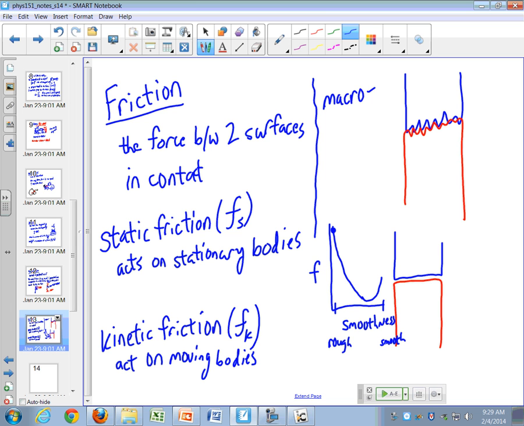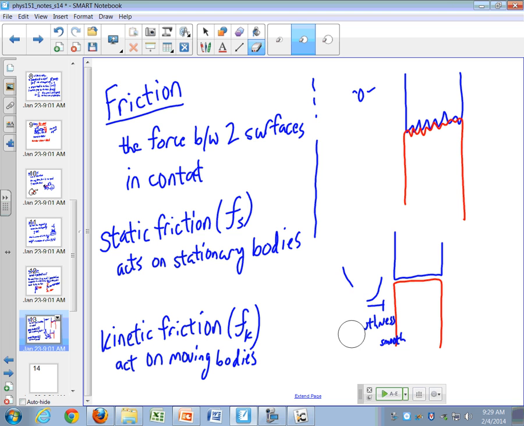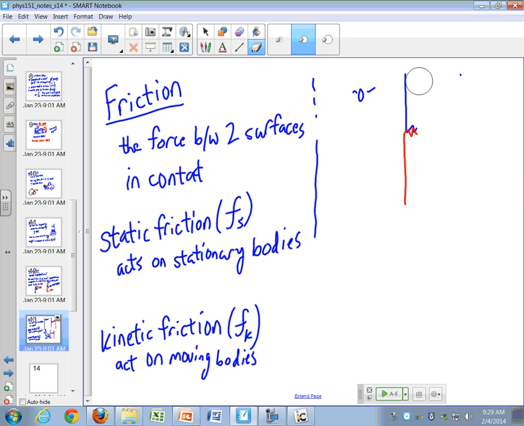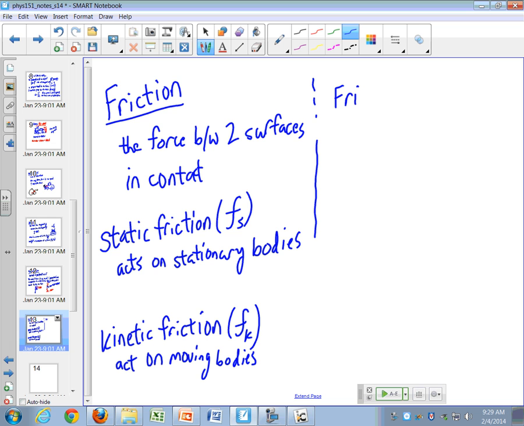All right. Another thing about friction is that friction is proportional to the normal force. I'll show you how that is.